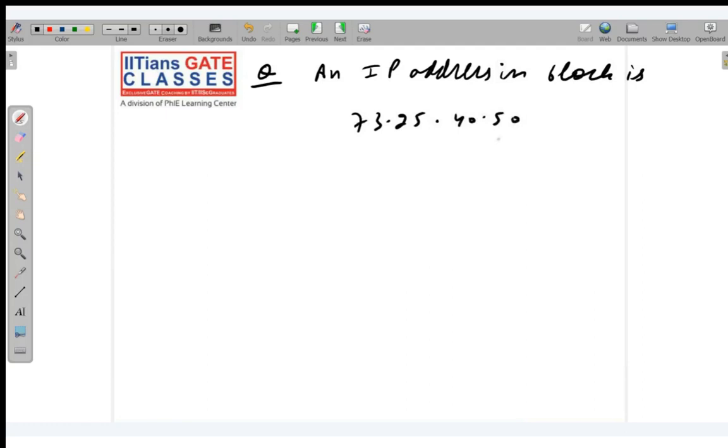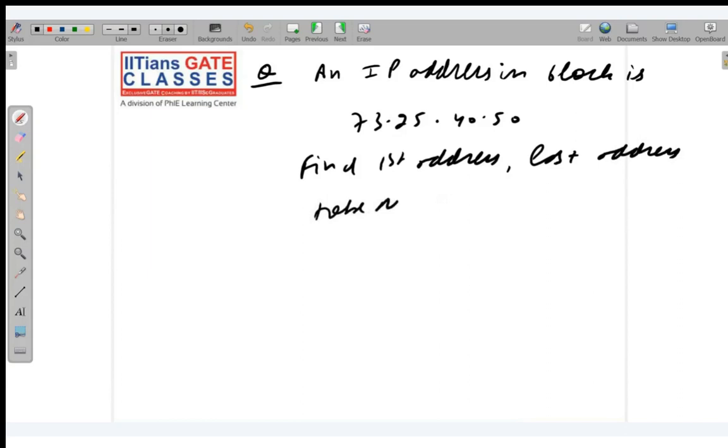I have written randomly. Find first address, last address, total number of addresses, okay, and total number of addresses in block.